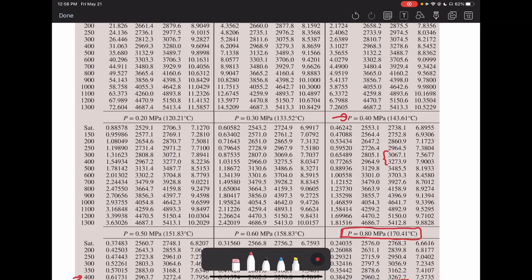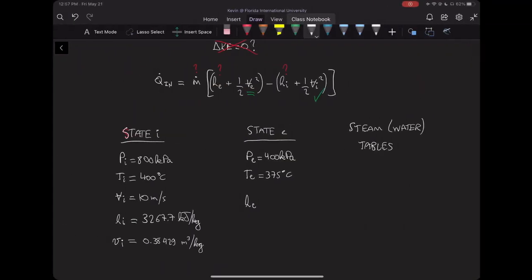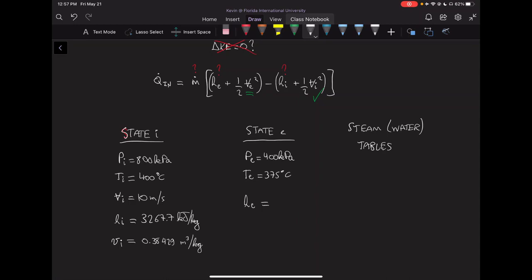We're going to interpolate between these two values to find the value for temperature equal to 375. And by doing the interpolation we get a value of 3,221.8. So we get that HE is equal to 3,221.8 kilojoules per kilogram. And we can write that we got it by interpolation.